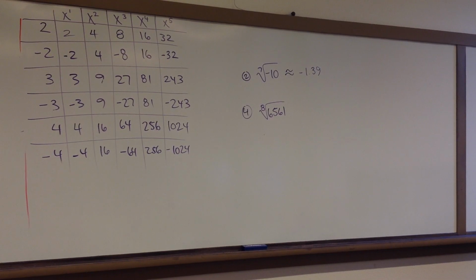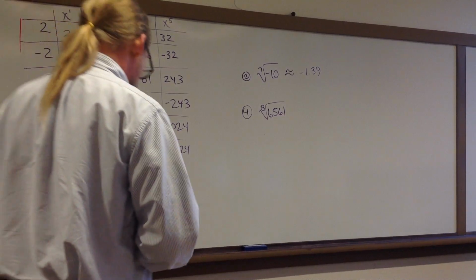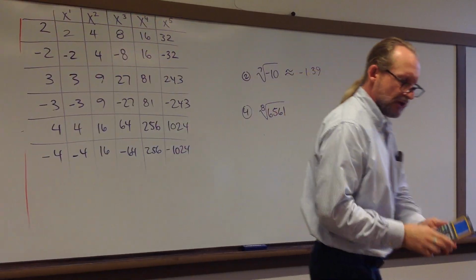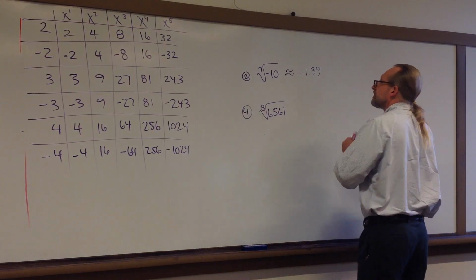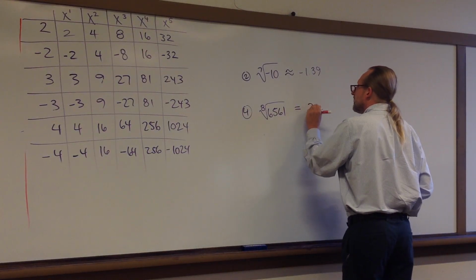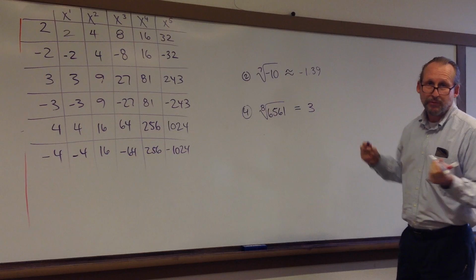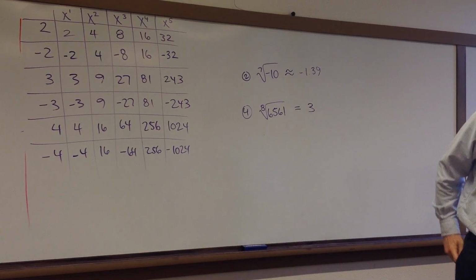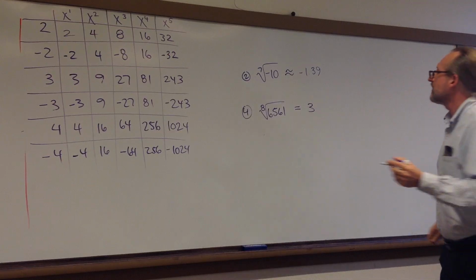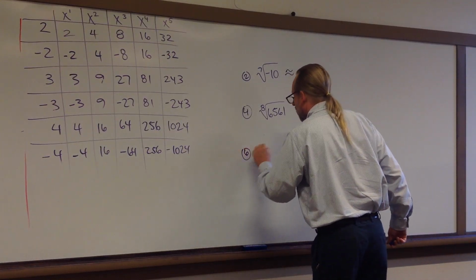Oh, and that's 3. Well, that's helpful. And again, you should always be able to test that out. If you do 3 to the 8th power, you should get 6561. Okay, well that's helpful. And this is exactly equal to 3. This means approximately.